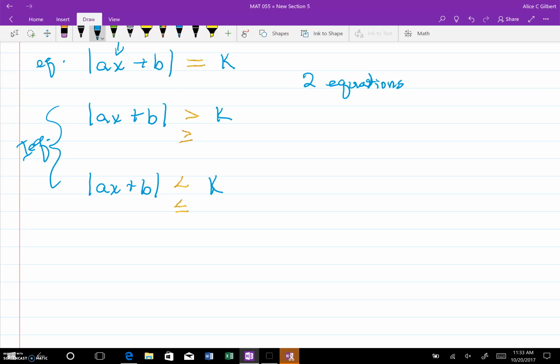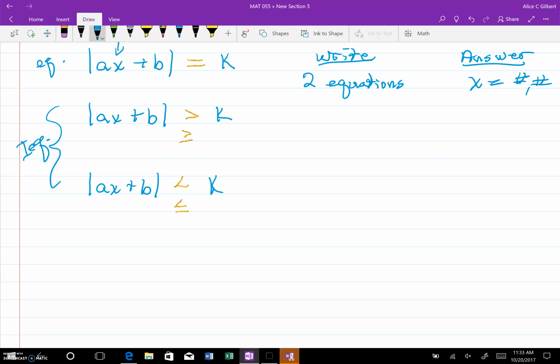And your final answer will be x equals one or two numbers. And if it's plus or minus, then it would just be plus or minus the number.